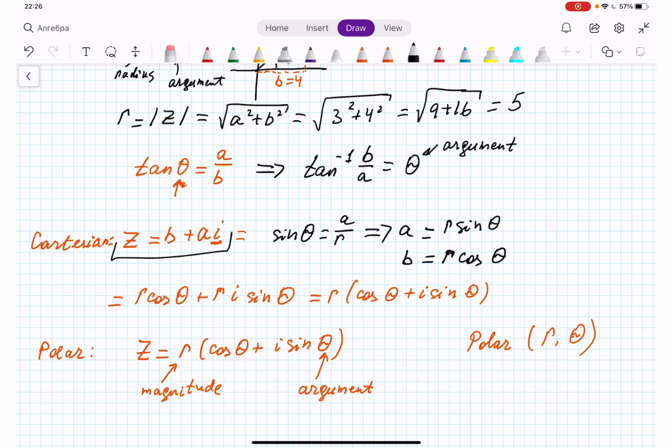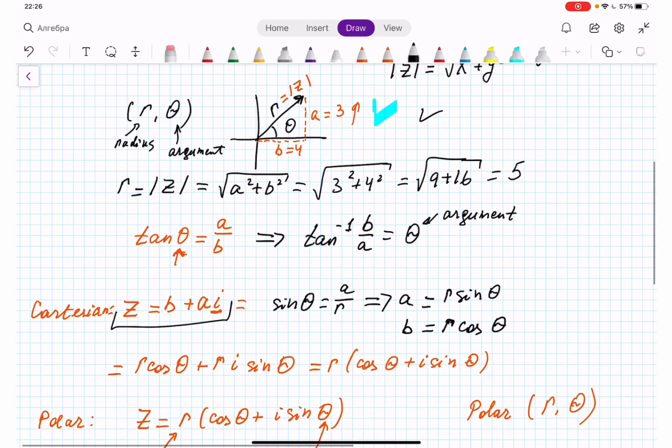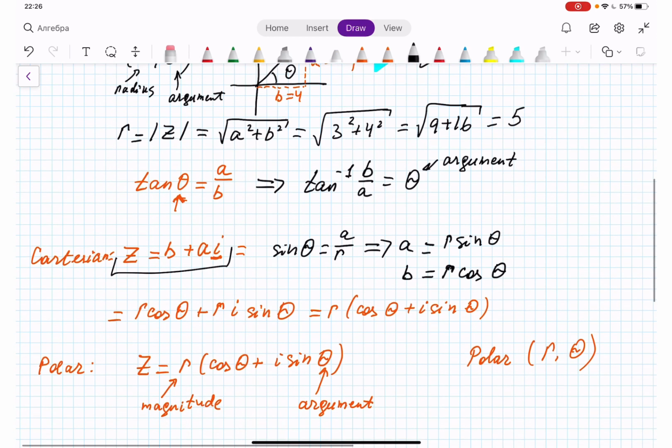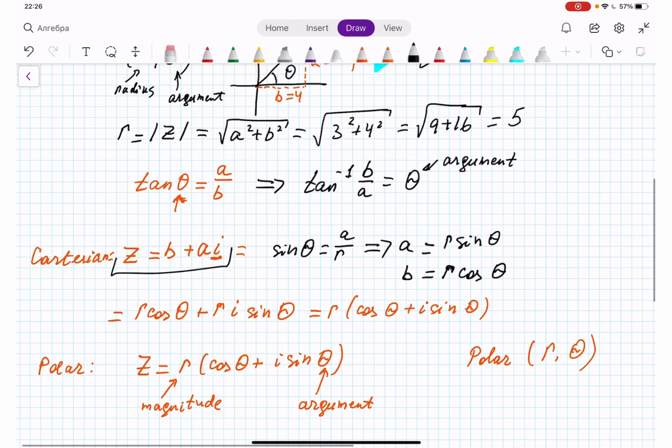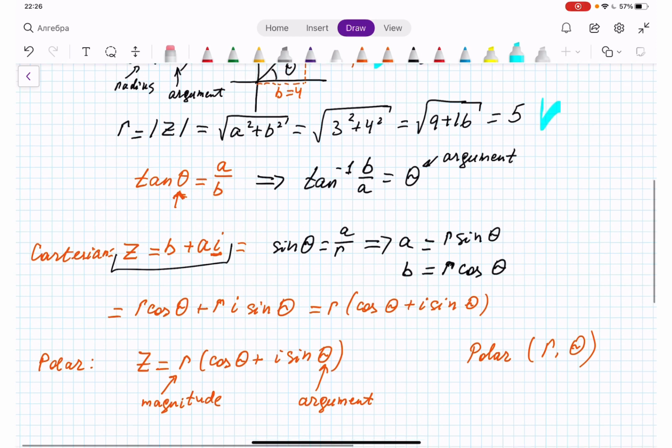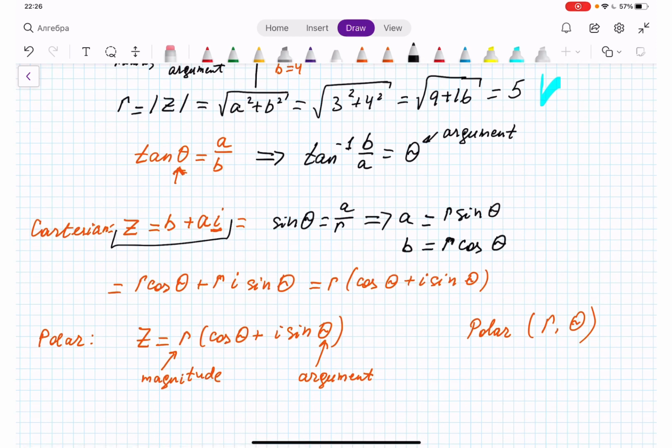So if now we want to calculate the complex number z or represent it in this format, specifically, let's say in this example, a is 3, b is 4, to represent this complex number in the polar system, I can do the following. I will need r and I will need theta. r we have, it's the absolute value of the complex number z, which is 5, right? So I'm going to write down here z is equal to 5 times.